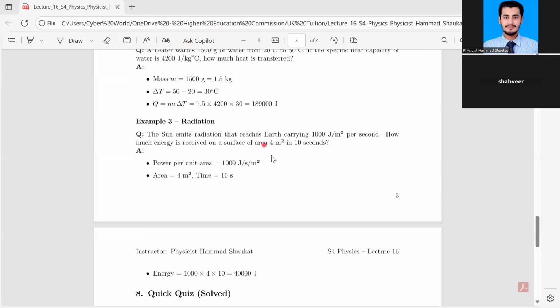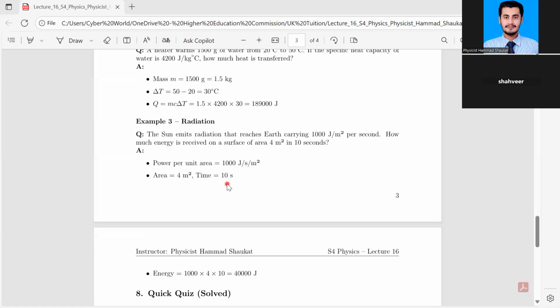So this 4 meter square is what? Area. You can also identify it from the unit, meter square, which is the unit of area. So area is 4 meter square, and time is mentioned, which is 10 seconds.